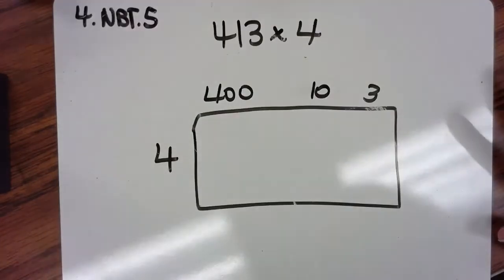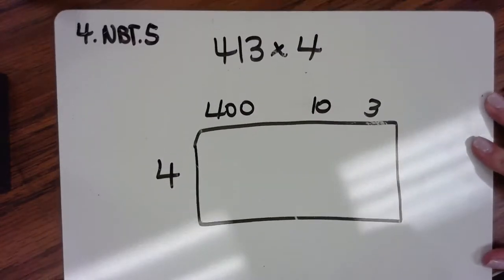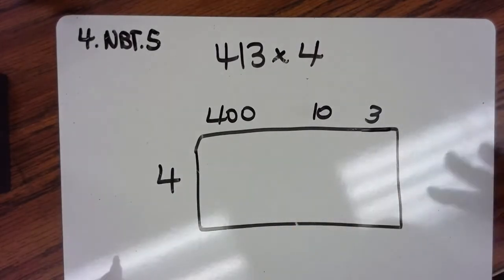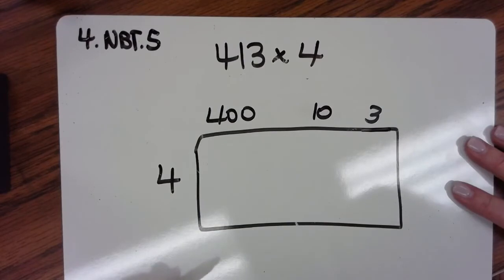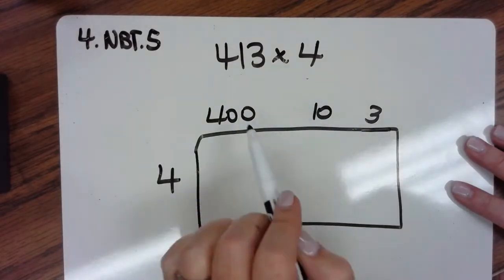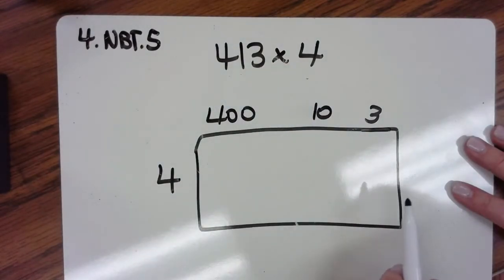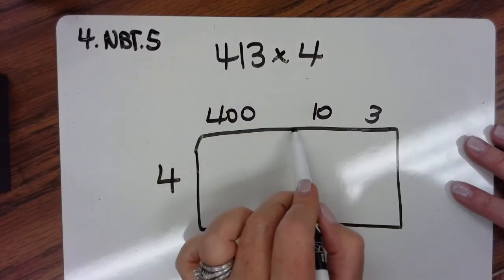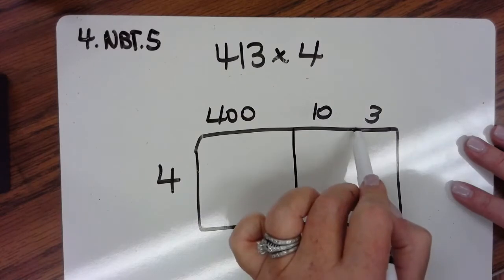Okay, so how does that help me in 4th grade? Well, in 4th grade, we're going to use what we understand about area of rectangles to do some computation. 413 times 4. I'm going to take this large rectangle. I'm going to decompose my 413 into hundreds, tens, and ones.